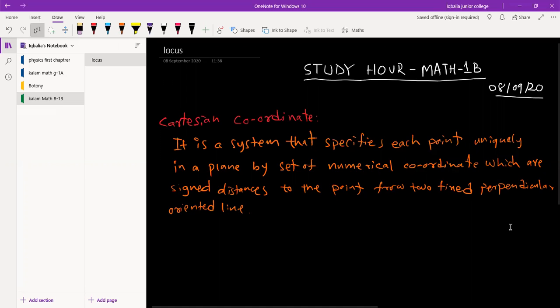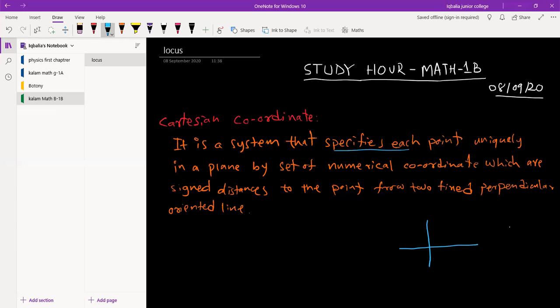It is a system that specifies each point uniquely in a plane by coordinates which are signed distances to the point from two fixed perpendicular oriented lines. अब अगर मैं example की बात करूं, according to the definition or statement, it specifies a point.